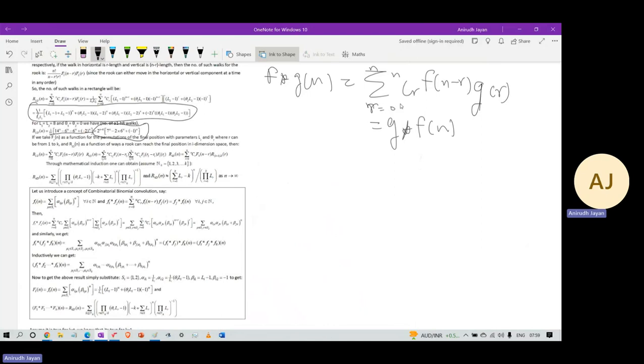Now, if we interchange r and n minus r, this interchanges. Therefore, f star g is also g star f.